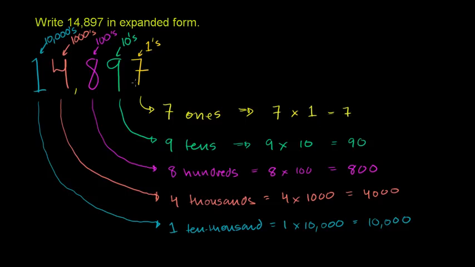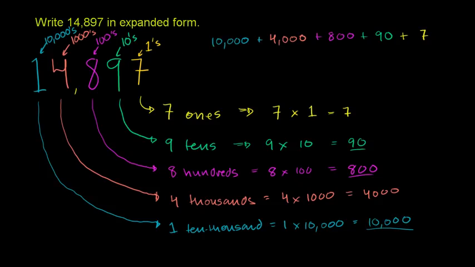So 14,897 is the same thing as 10,000 plus 4,000 plus 800 plus 90 plus 7. So you could consider this expanded form.